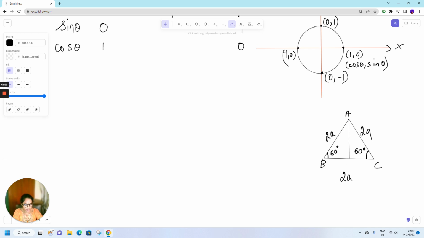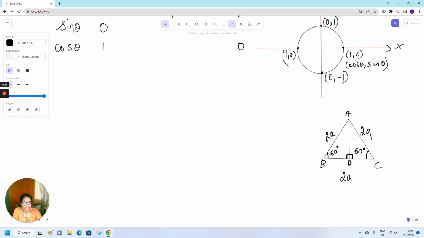Let me name this point as D. This is a perpendicular bisector. So now here the angle would be 90 degree. Even here it would be 90 degree.